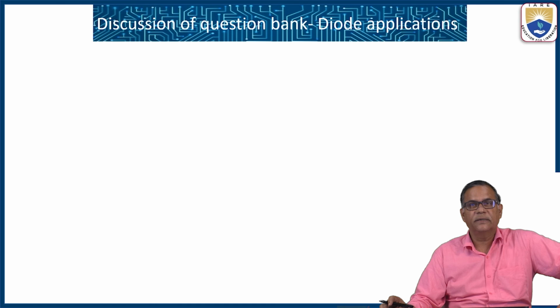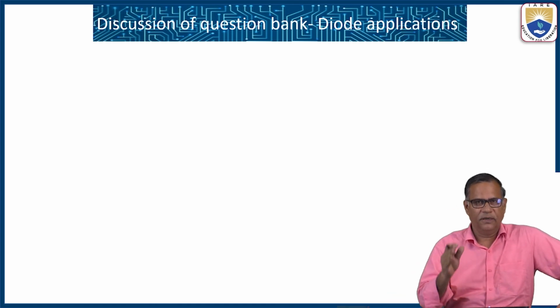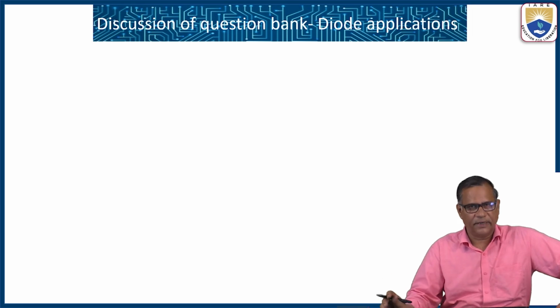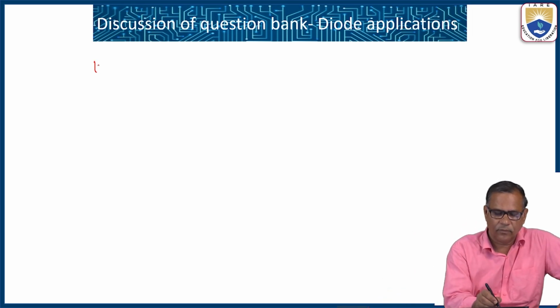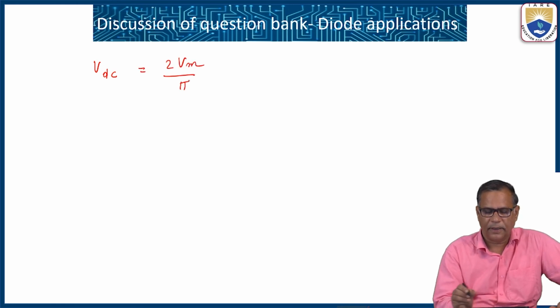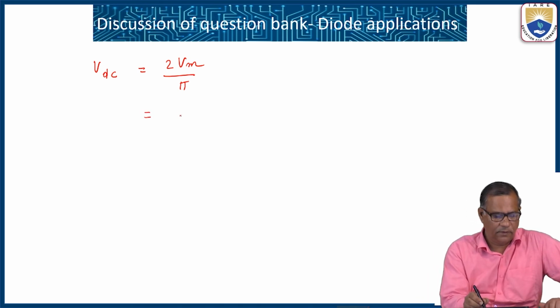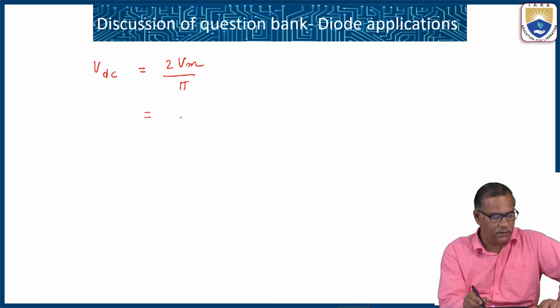Next, let us calculate what is the VDC. VDC is equal to 2 Vm by pi. It is the same value as the full wave rectifier. VDC is equal to 2 Vm by pi, and Vm we have already calculated, it is 81.3 volts.